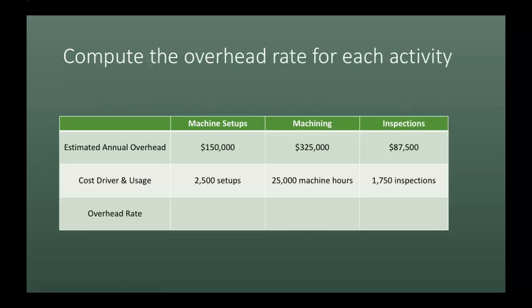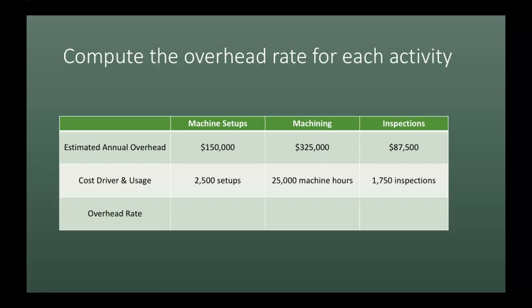So, we have this table set up. We break it up between each activity. We have machine setups, machining, and inspections. So our machine setups, our estimated annual overhead is $150,000. Our cost driver and our usage is 2,500 setups.